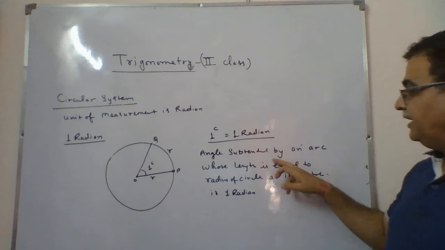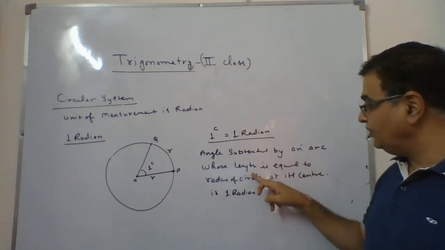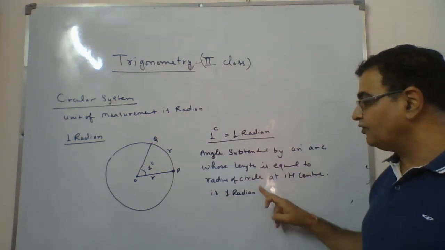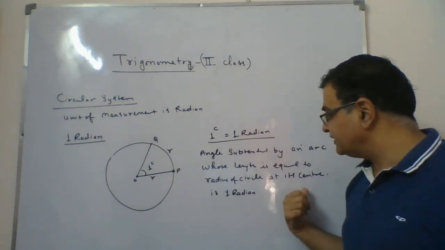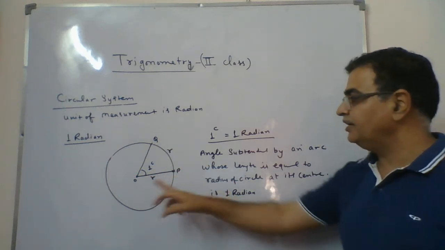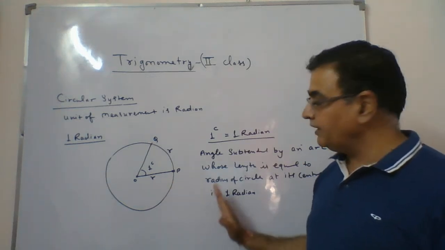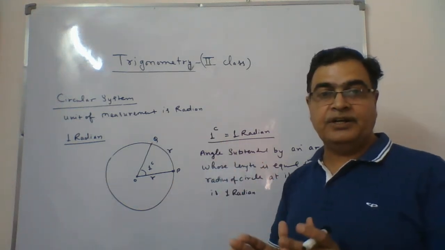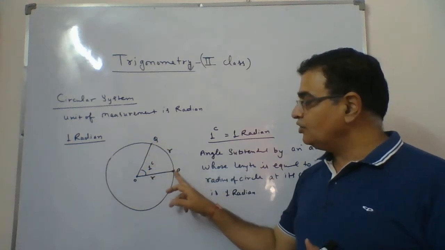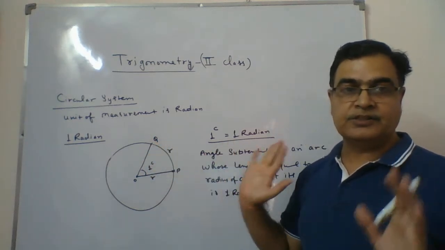So angle subtended by an arc whose length is equal to the radius of the circle at its center is called 1 radian. You should keep in mind, this is the angle subtended by an arc whose length should be equal to the radius of the circle.